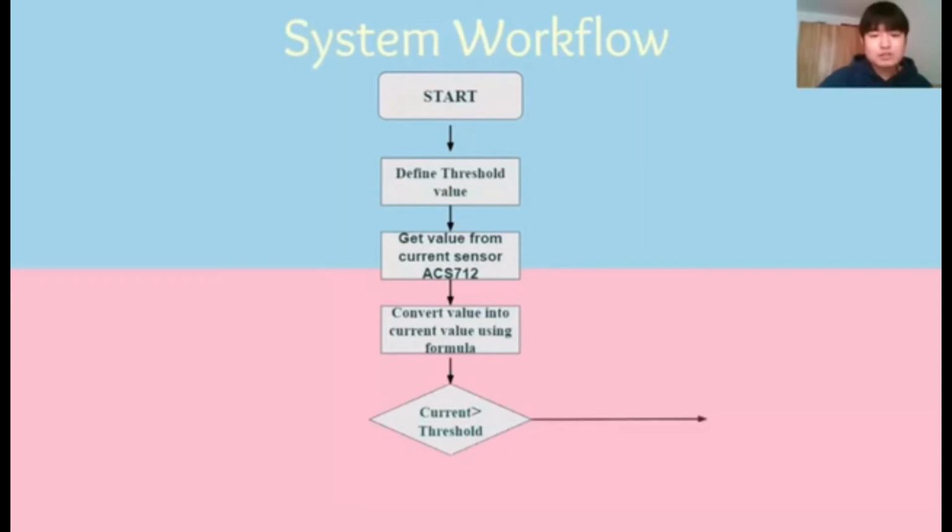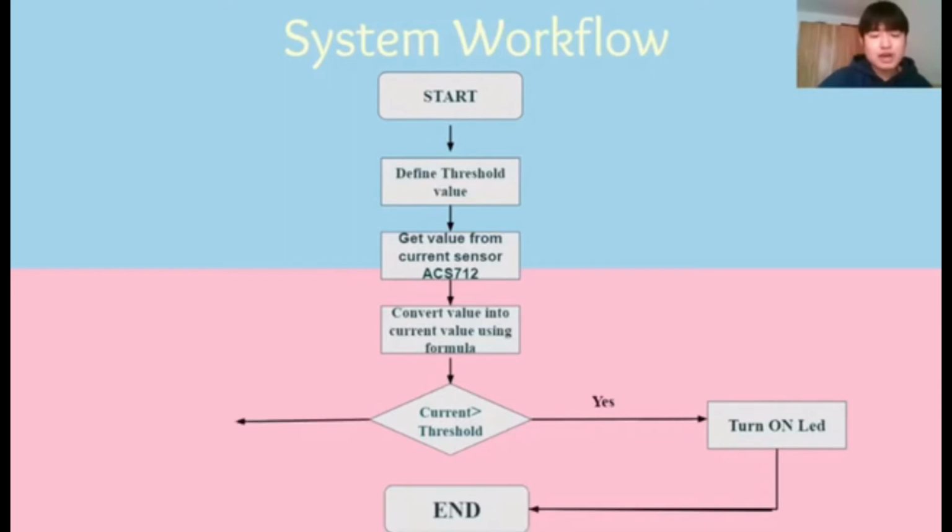If the current value is above the threshold, we'll turn on the LED and go to the end. If the current value is not above the threshold, it will turn off the LED and go to the end. All of them is the system workflow.